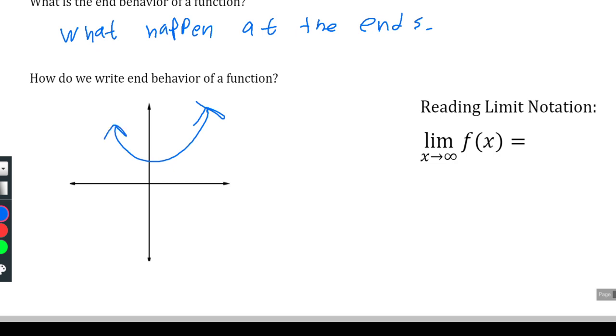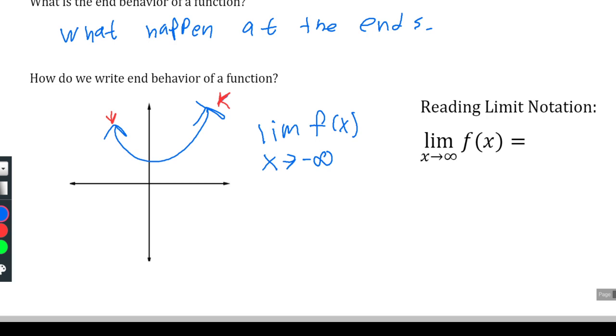So what we're looking at is the ends. What are the ends doing? Or where are they pointing? Where are they going? So how we would write this is the limit as x goes to negative infinity of f of x.